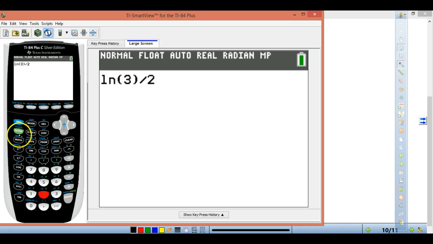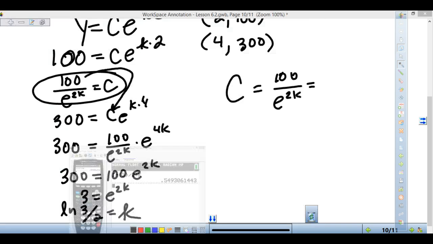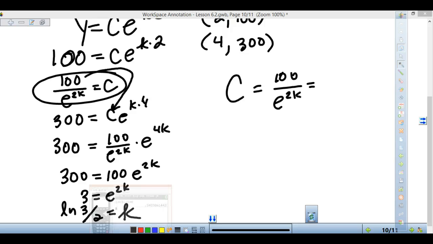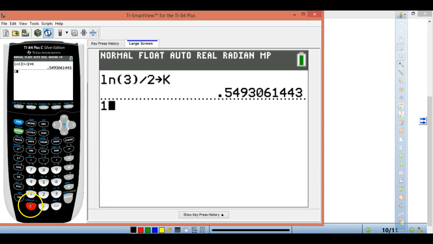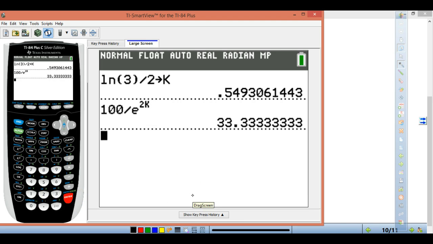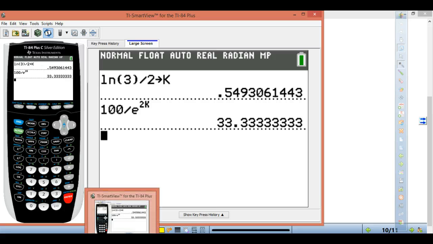I'm going to store that as k. Then c is equal to 100 divided by e to the 2k. So my original population is 33 and a third, it looks like.